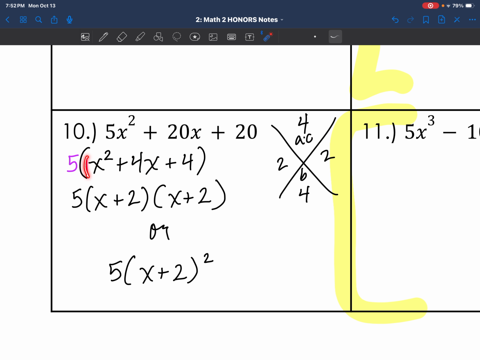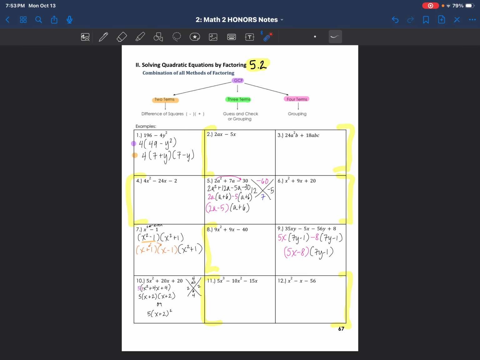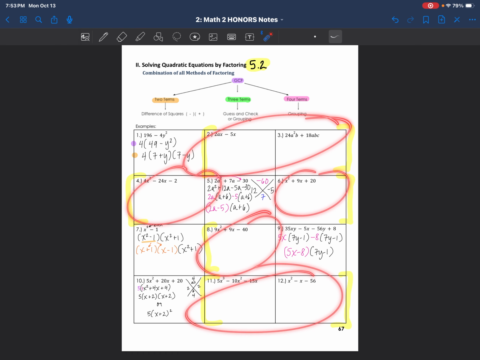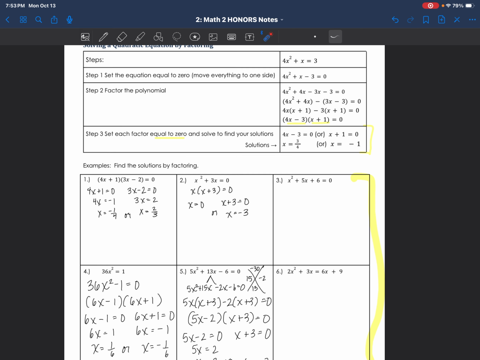And now, since I've got 1 times 4, I've got 4 here, and then it needs to add to be 4 down here. So I'm going to go with 2 and 2. So that's going to go 5 times x plus 2 times x plus 2, or you could write it like that. Either way is fine. Alright, so you're going to go through, you're going to finish these, determining which method would be best.